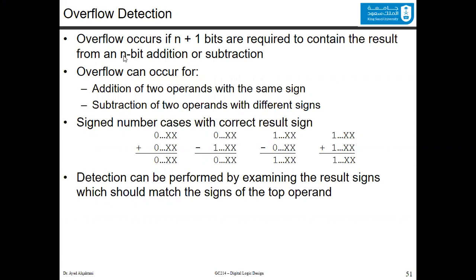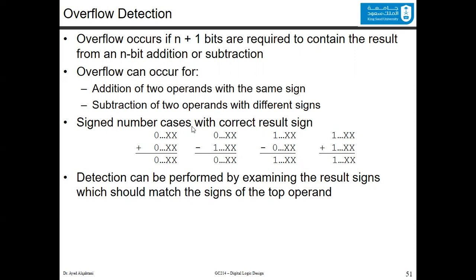So you cannot accommodate the n plus 1 bits in only n bits of space. The overflow can occur for addition of 2 operands with the same sign or subtraction of 2 operands with different signs. Now, let's check the correct operation.